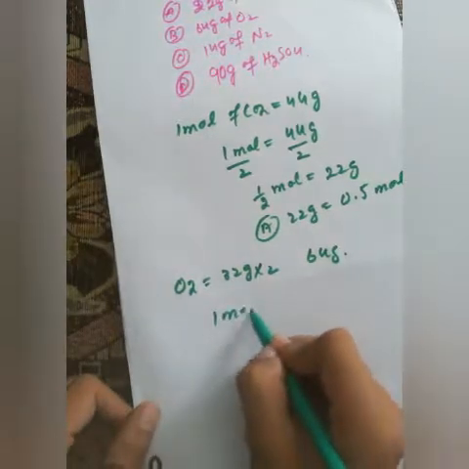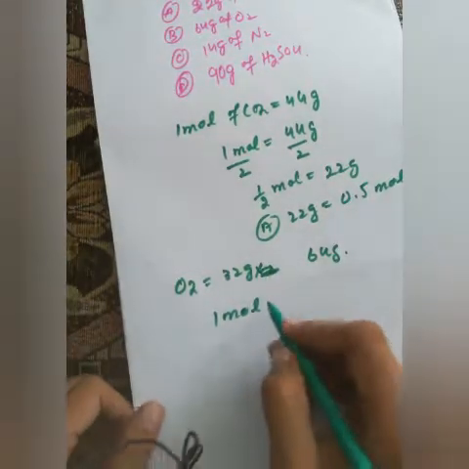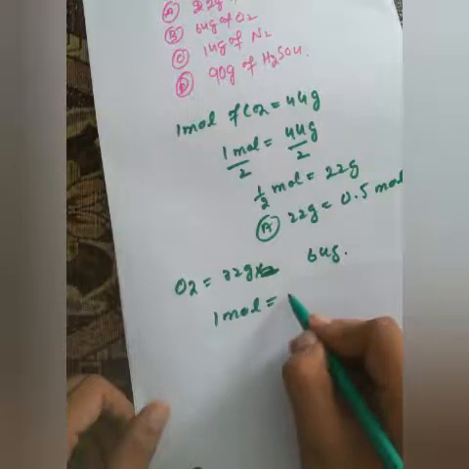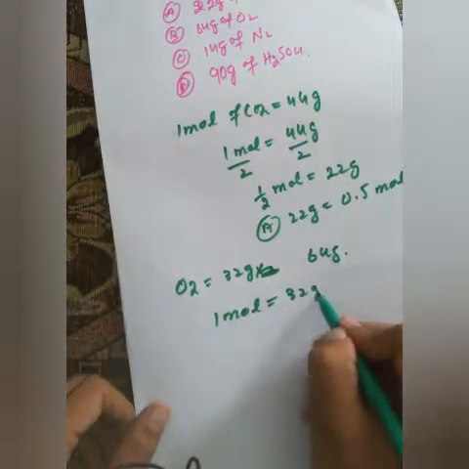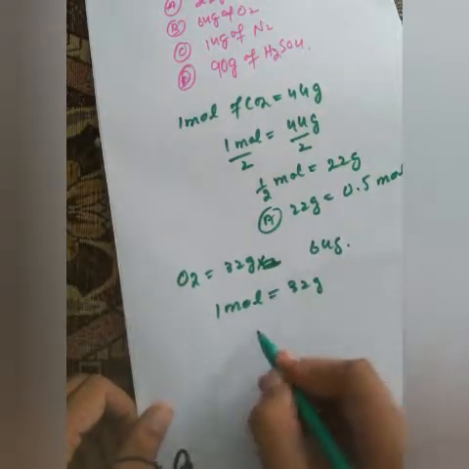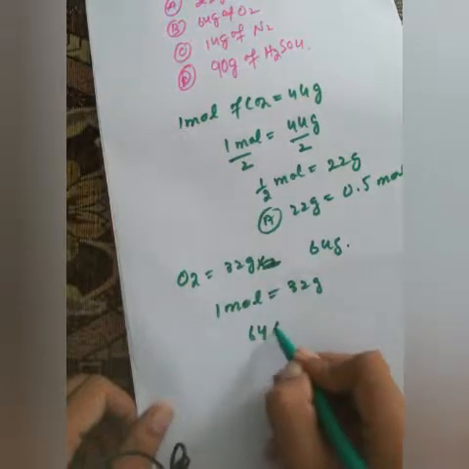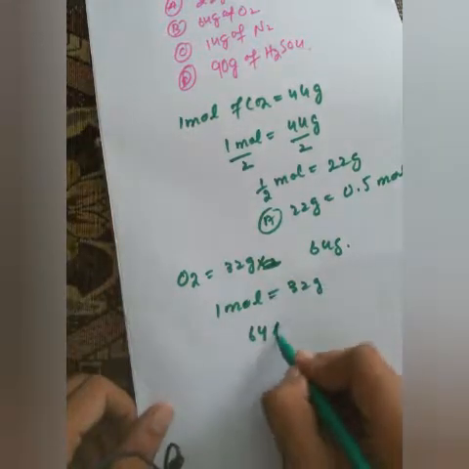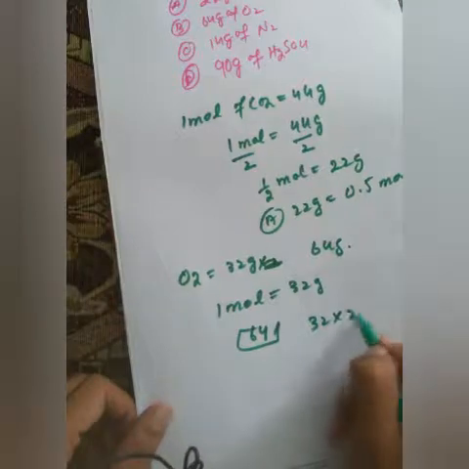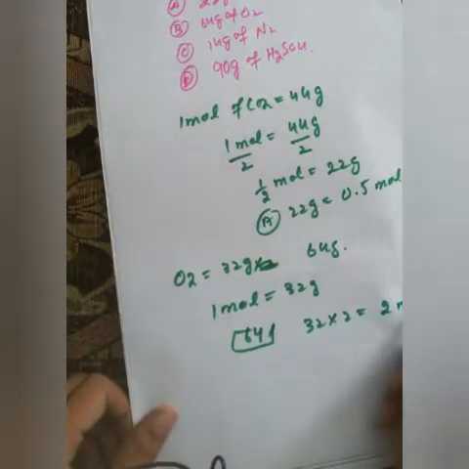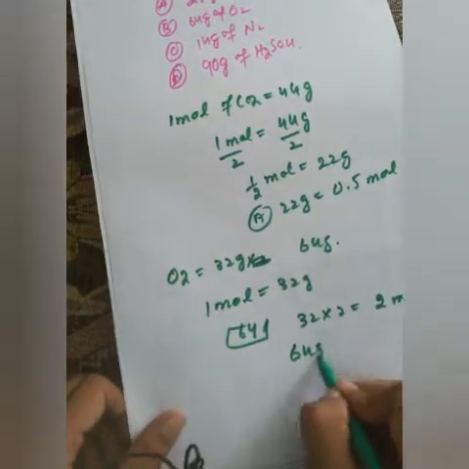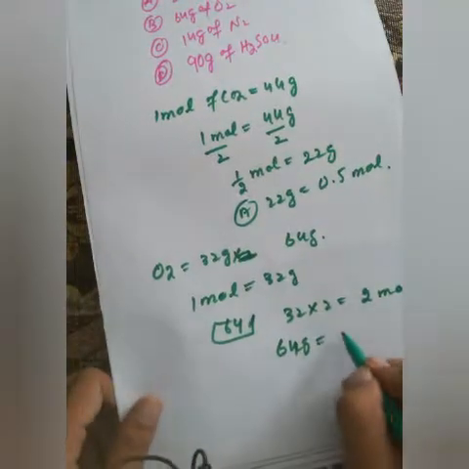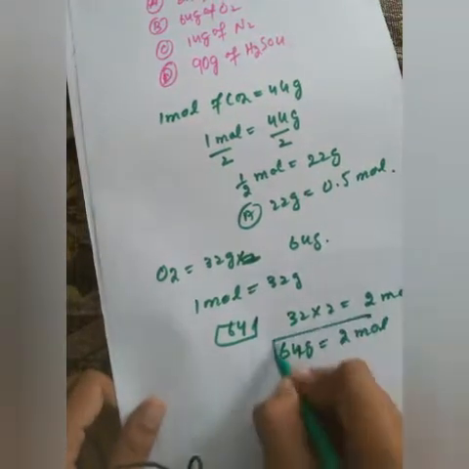It means that 1 mole of oxygen is equal to 32 grams, and for getting 64 grams we have to multiply 32 by 2, so we will get 2 moles. It means that 64 grams of oxygen has 2 moles. This is the solution of option B.